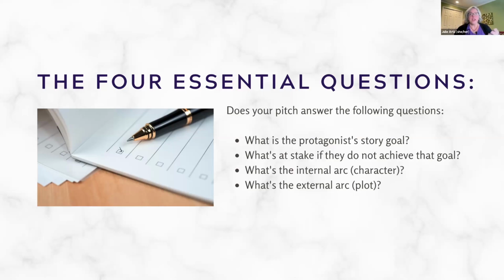And then, of course, the other piece of the story scaffolding is what's the internal arc, which is the character, how the character changes over the course of the story, and the external arc, plot. So if you're feeling a little unsure of those last 2 things, we're going to talk about those a lot next week.